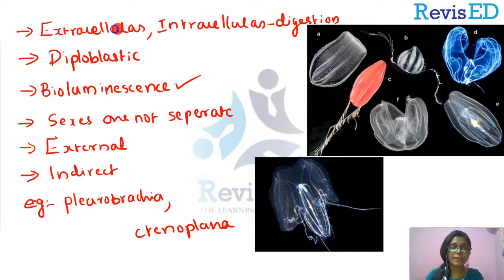They have extracellular as well as intracellular digestion. They show the property of bioluminescence, which means they emit light. The sexes are not separate. The fertilization is external, not inside the body of the animal, and the development is indirect. The examples are Pleurobrachia and Ctenoplana.